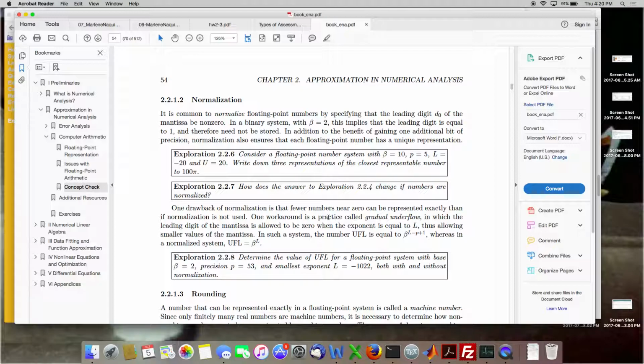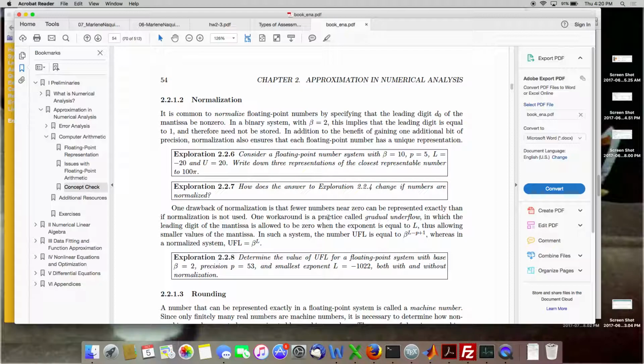So what that means is, if you allow a leading digit in your mantissa to be 0, then your mantissas are all going to be different, and it's not just a matter of shifting by powers of 10.